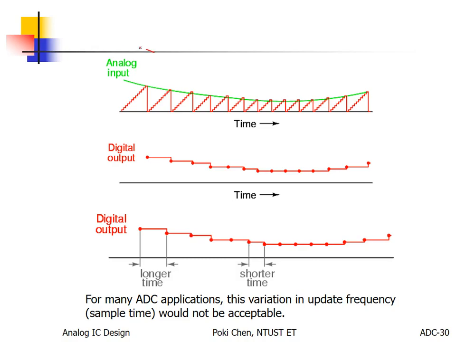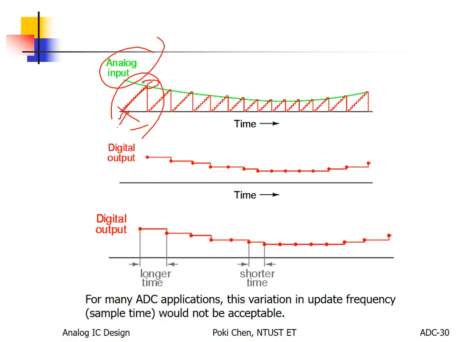The green one is the analog input. And what is the operation for your ADC? I told you already, from the very beginning, it is reset to 0, the minimum. Then you count up, right? 0, 1, 2, 3, all the way until your output finally reaches the input.